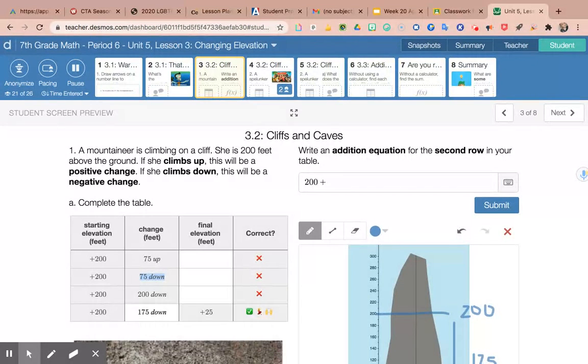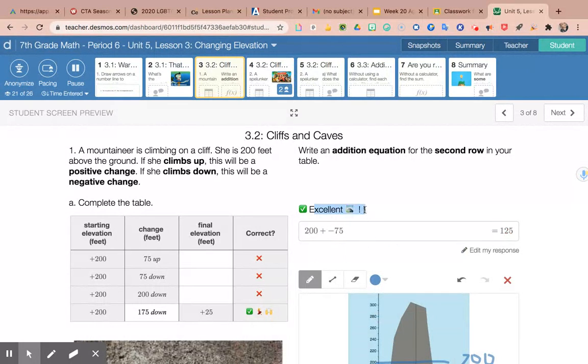So that means down is negative. So this is plus negative 75, no spaces. All right, and then you can put equals the answer if you want. You can also leave it like this and click submit.